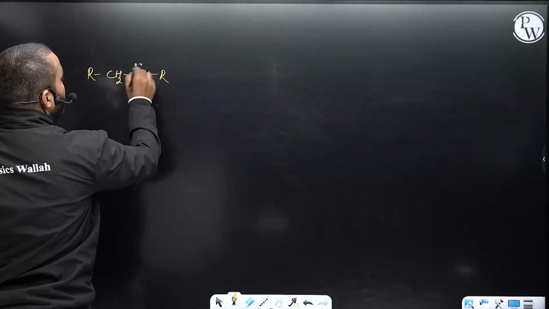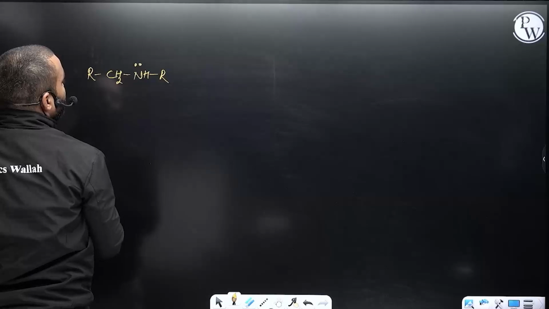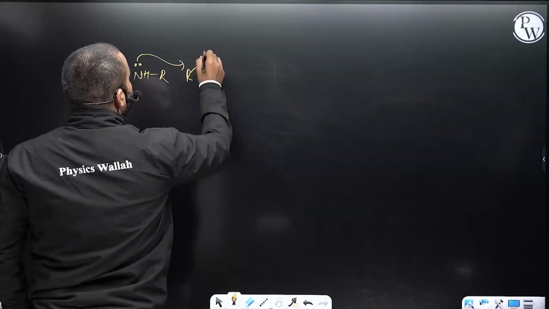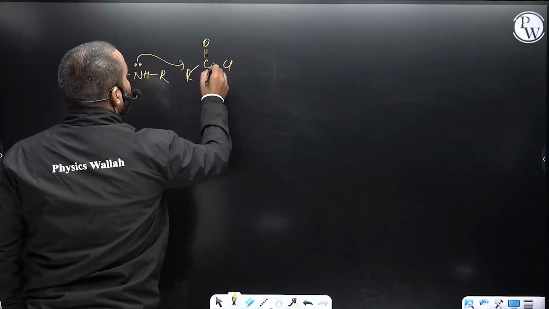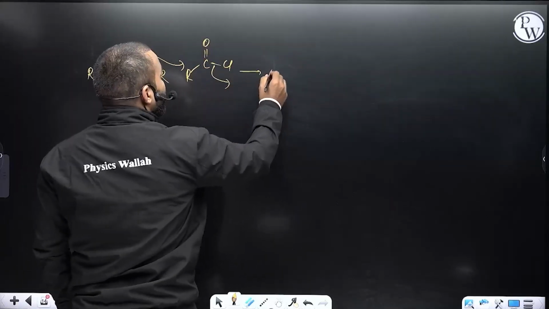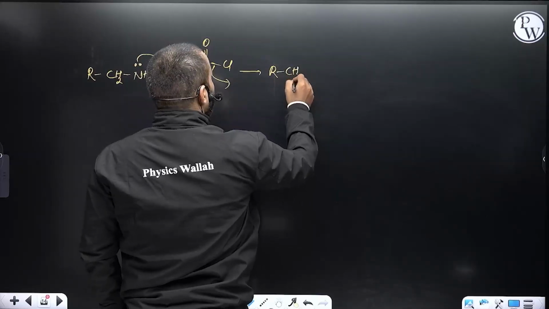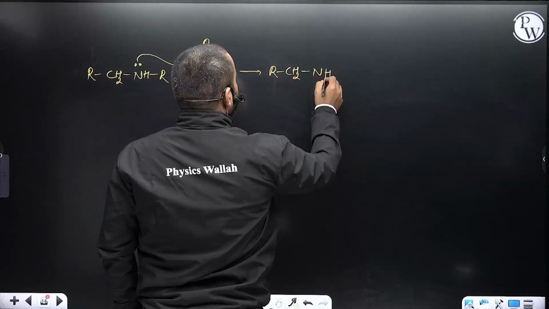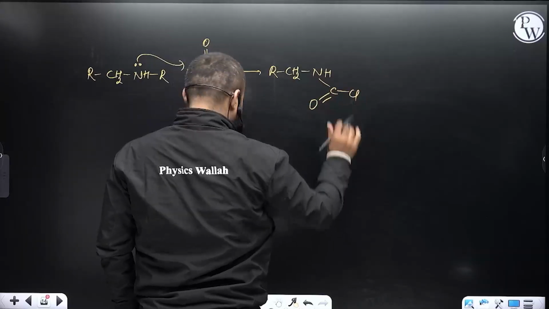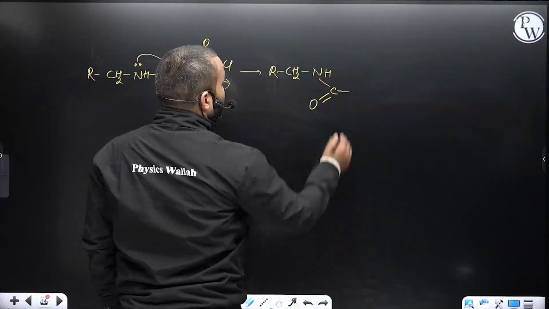Again, there is a pair of electrons present which can be used to attack the carbonyl C double bond O of acyl chloride. This chlorine leaves immediately, and the compound obtained is RCH2 NH with a new bond made with C double bond O Cl. The Cl is gone.